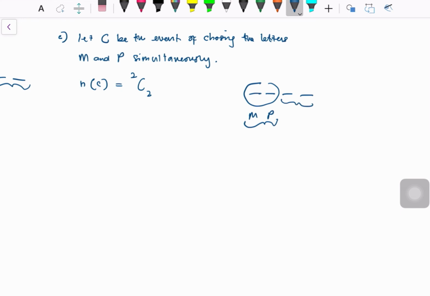Since we already chose 2 letters, we still have 6 letters left to choose from, so we multiply by 6C2, which gives 15. The probability of C is the total of event C divided by the total of the sample space, which is 15/70. After simplifying, we have 3/14.